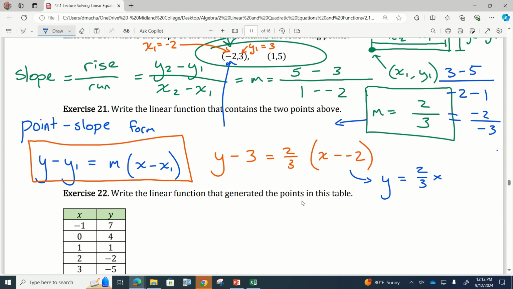And then you would get +2 times 2/3 is 4/3. 4/3 plus 3 is 4/3 plus 9/3, which would be 13/3. And so this would be the way your answer shows up on an exam, where you have to distribute, you have to solve for y.